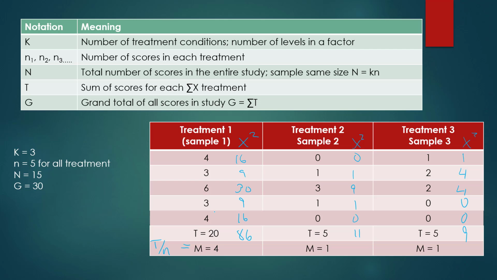I squared each of my x values, added them up to get that sum of x squared. And when we add those all up together, we get 186. We'll learn how to calculate the sum of squared deviations in our next video.